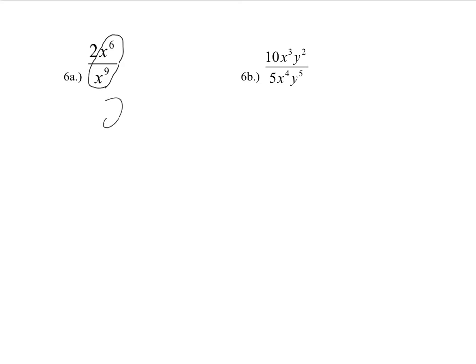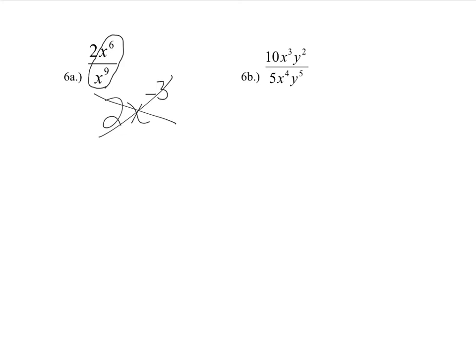So my answer is 2x to the negative third. Granted, that is correct, but that is not fully simplified. Not very many people in the real world know what negative exponents are, and we're going to talk more about negative exponents in the next couple of days, but right now we are not going to leave our answer like that.